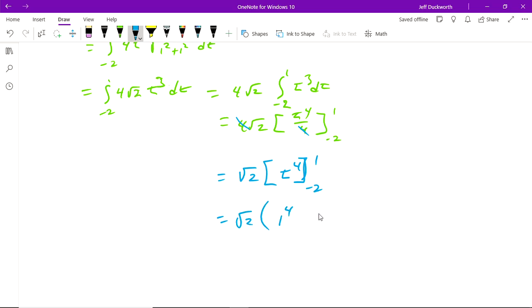So that's 1 to the 4th power minus -2 to the 4th power. So we have 1, and that subtracts, was it 16? 2, 4, 8, 16. So minus 16. So that's -15 root 2, and that's how we would do that problem.